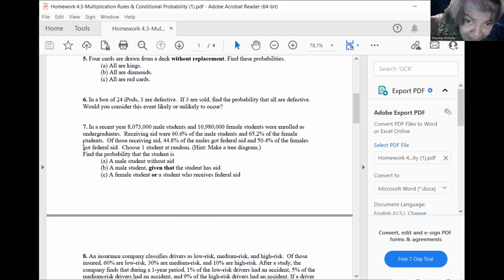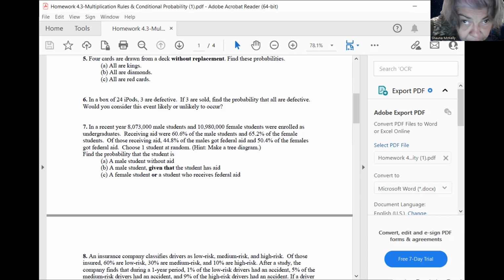Of those receiving aid, 44.8% of the males got federal aid. And 50.4% of the females got federal aid.